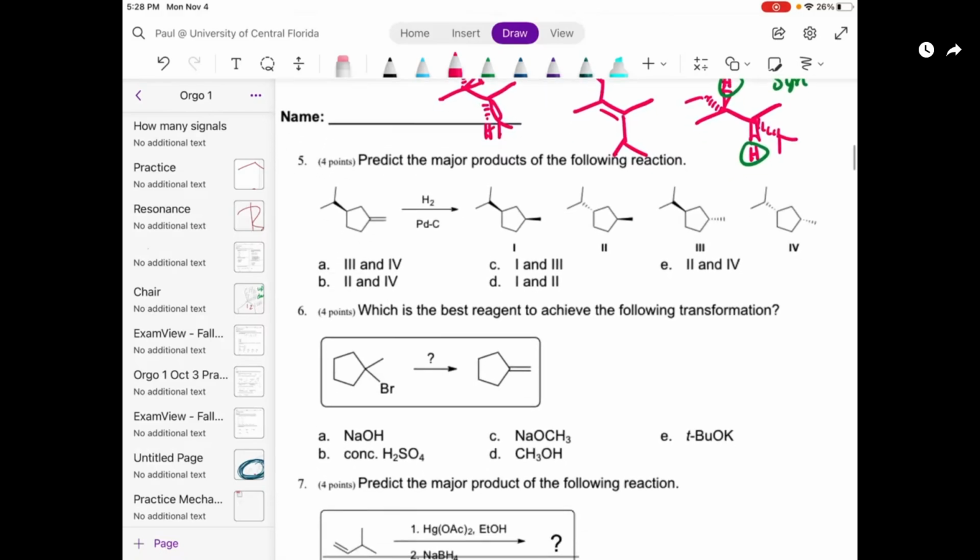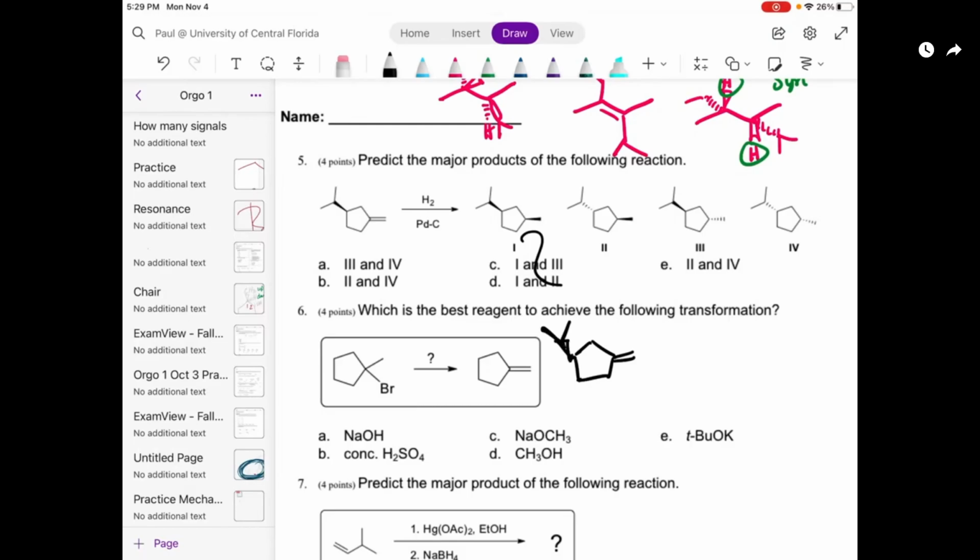Okay, so that's the key feature of this reaction. So when you take a look at this one right here, it's going to add in a syn addition, but this one's a little bit tricky. And that is, when you take a look at this, does it get converted to that or that one and so forth? That's what we're looking at. But if we think about it backwards here, compound 1 had to come from a species that looks like this.